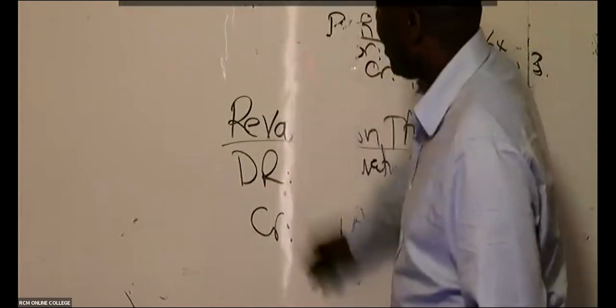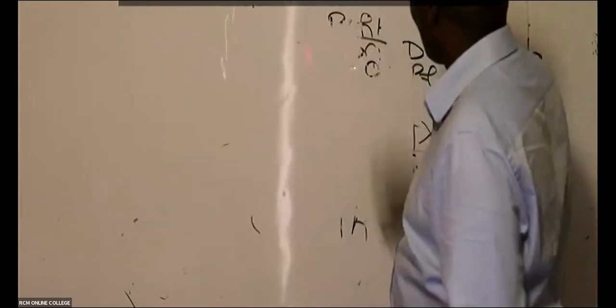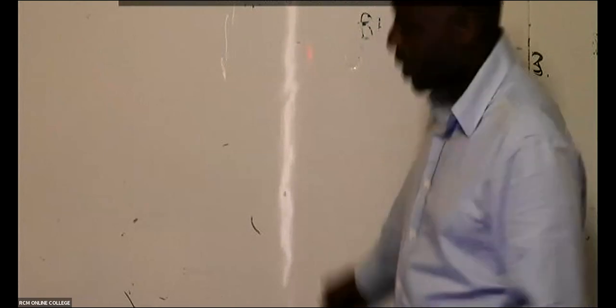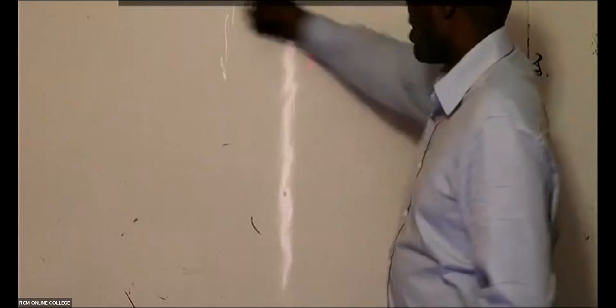Ladies and gentlemen, please look at part 1 of this question. They wanted us to differentiate between temporary and permanent differences. Is there somebody who can give me the difference between those two very good terminologies?